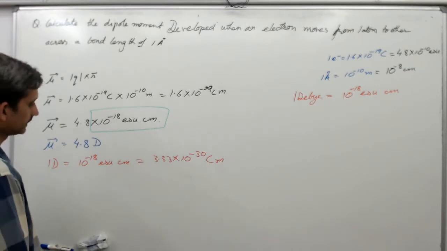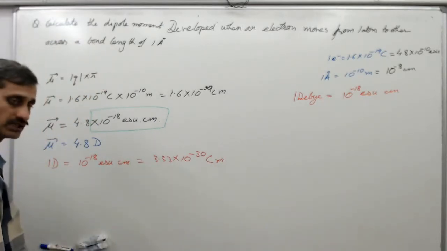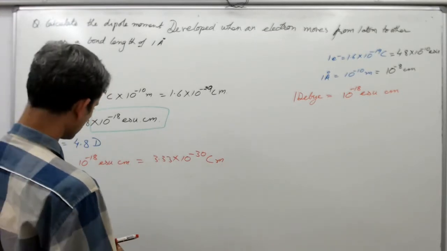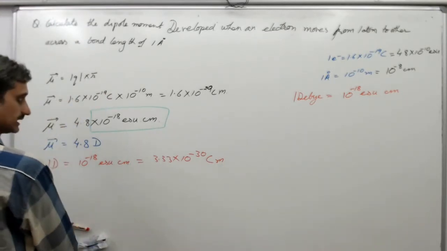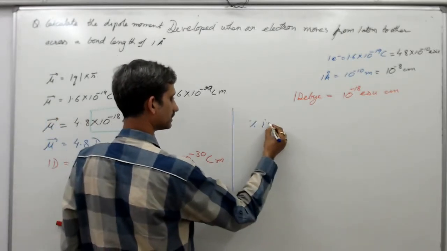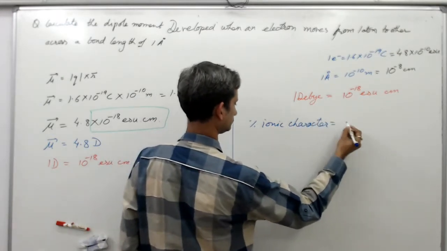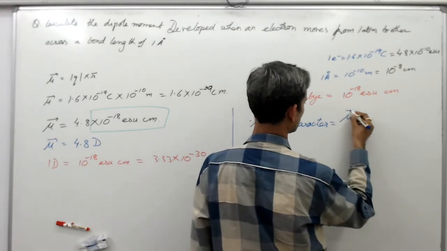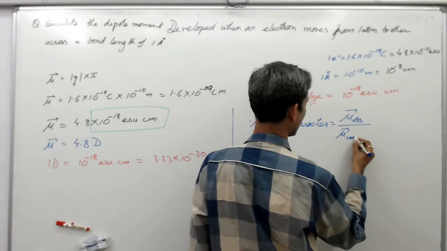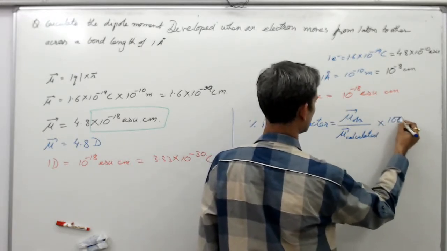Now, if it's going to have a lower value than this, then the measured dipole moment can actually give us the percentage ionic character. So percent ionic character is equal to the observed dipole moment divided by the calculated dipole moment multiplied by 100.